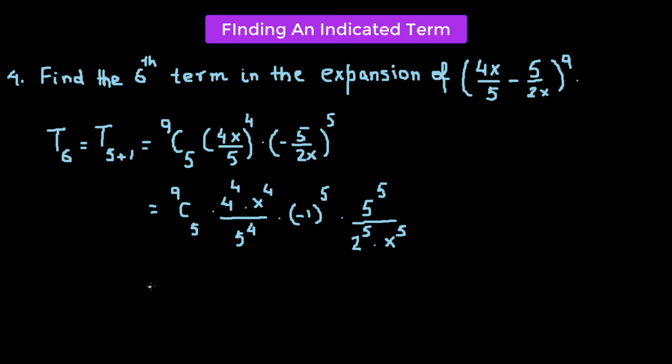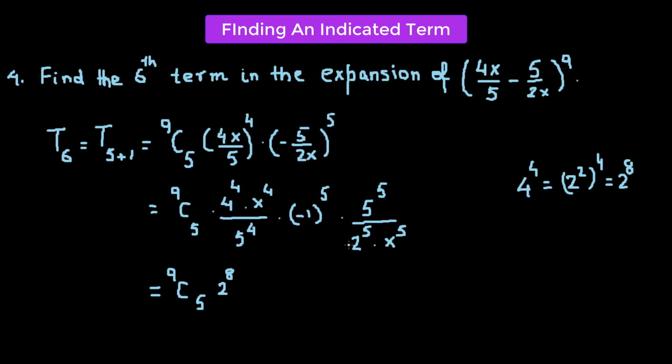So we'll finally have 9C5. Now here we see that 4 raised to the power of 4 is actually 2 squared raised to the power of 4, which gives us 2 raised to the power of 8. So we have 2 raised to the power of 8 in the numerator, and then we have 2 raised to the power of 5 in the denominator.